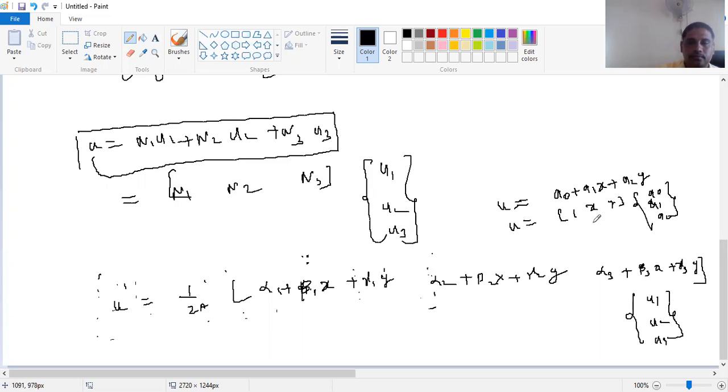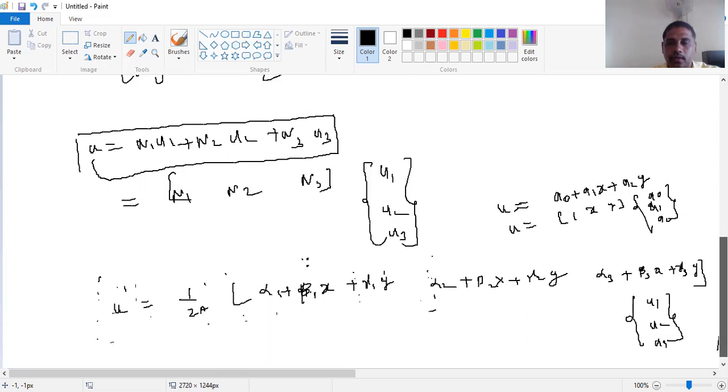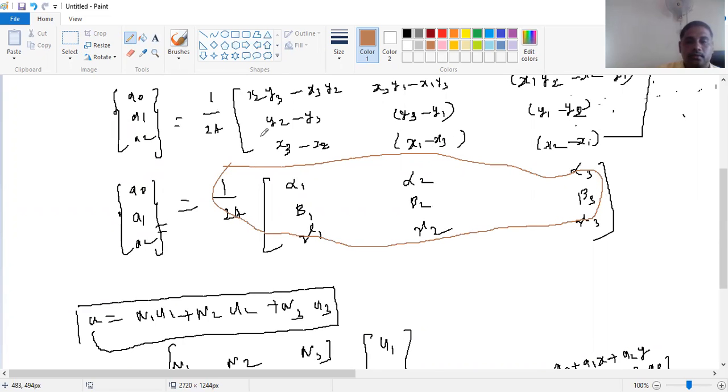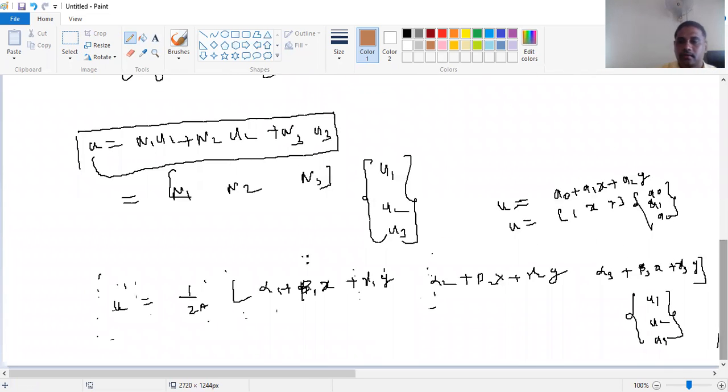If you substitute these A0, A1, A2 values here, with this value 1 by 2A and this value, then instead of A0, A1, A2, you will get this equation: alpha 1 plus beta.